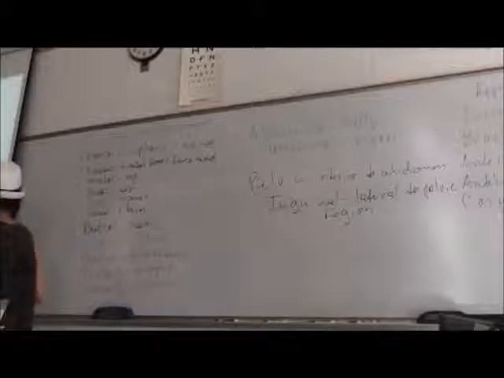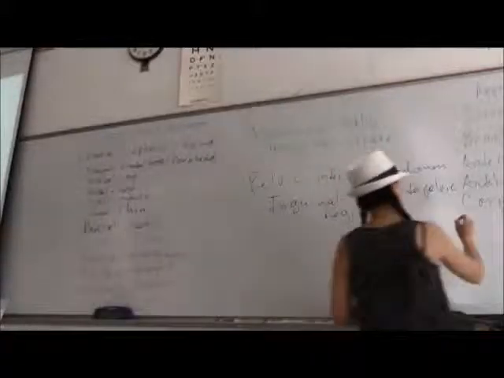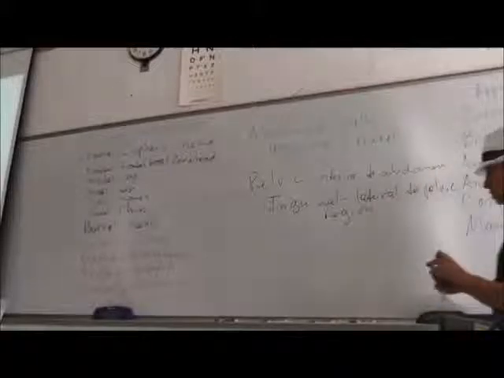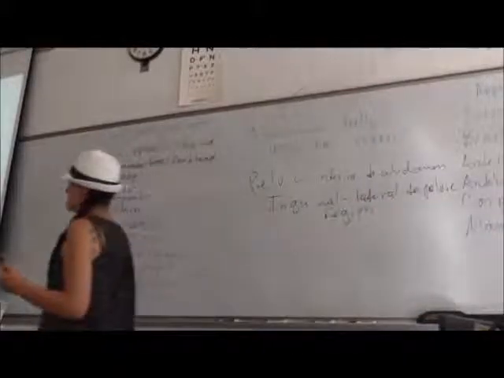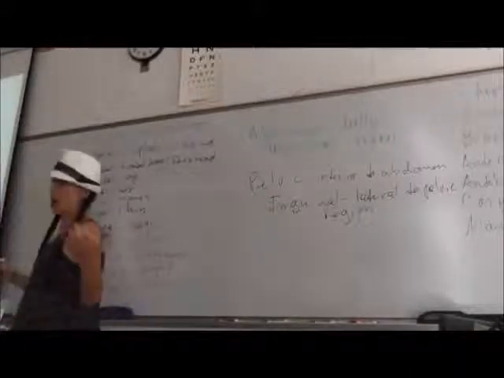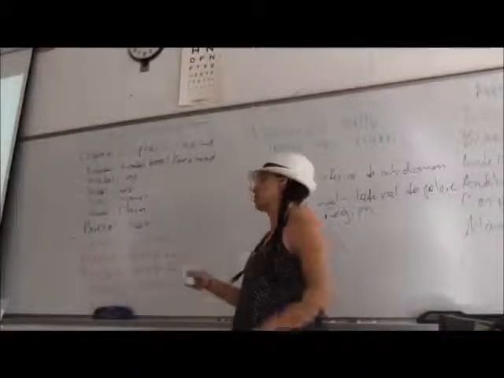Your whole hand is called the manus, and it's got different portions. So your whole hand is called the manus, or the manus region. Your thumb is called your pollex, your most lateral structure.